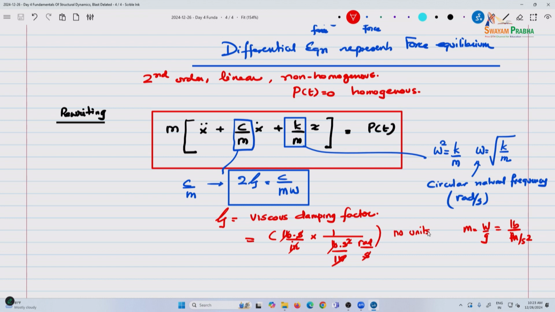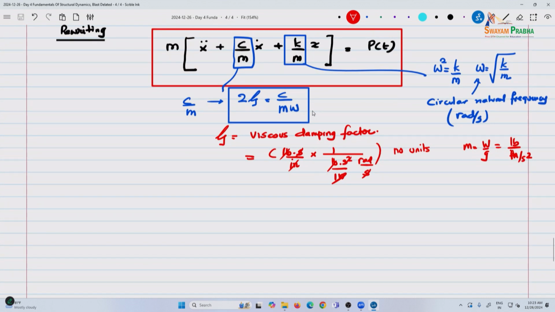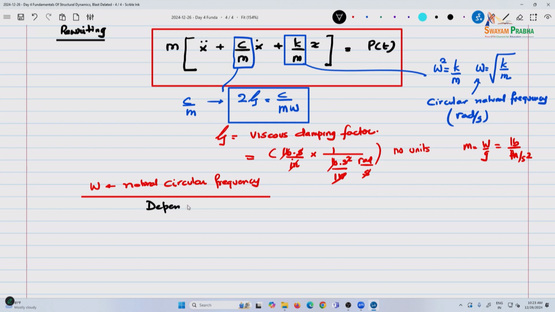So, again, focus on what it means. Omega, which is the natural circular frequency, what is it dependent on? If I were to ask you this question, it is dependent on how many factors? Stiffness, right?